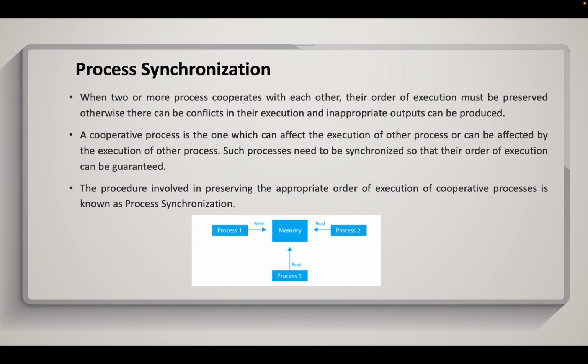A cooperative process is one which can affect the execution of another process. So if we have to make two processes cooperate among themselves, a process has to synchronize with the other process. Suppose two processes execute on the same data at the same time, the data may be corrupted.